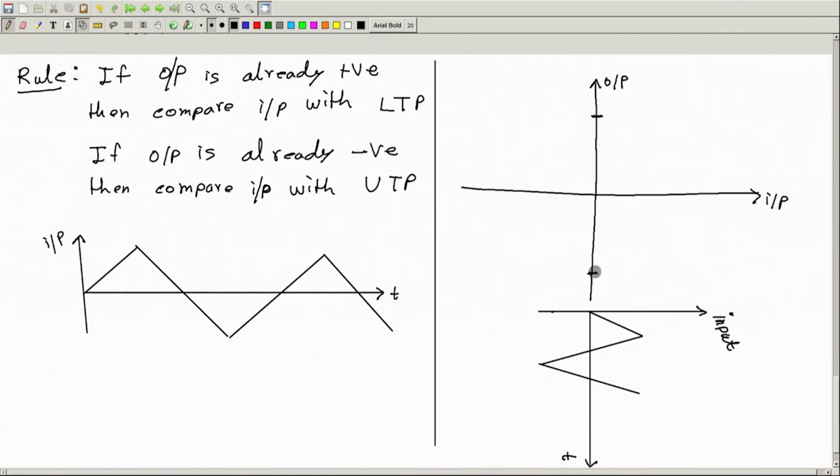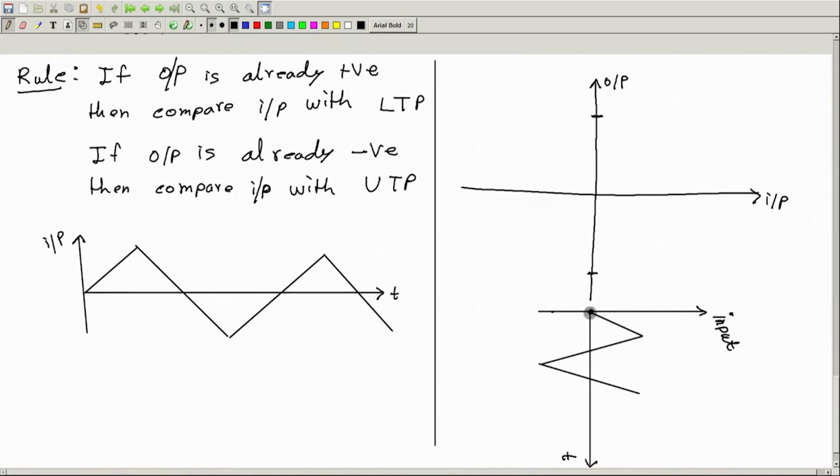Output changes depending on the comparison between input and the upper or lower trigger point, we know. So this is the rule. It compares the input with the upper trigger point or lower trigger point.